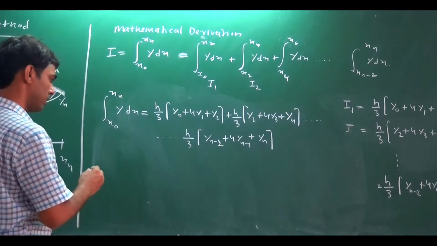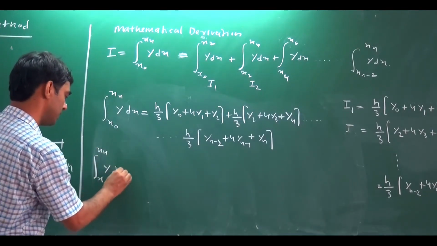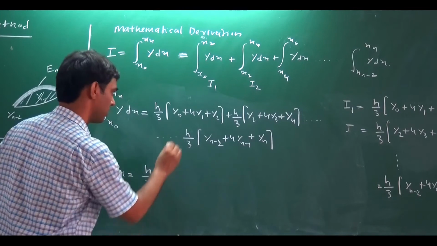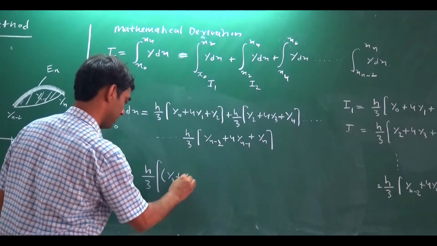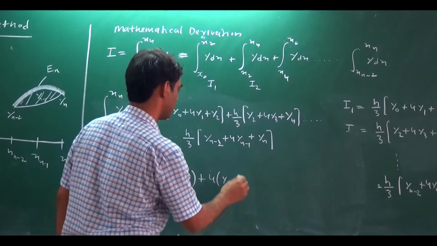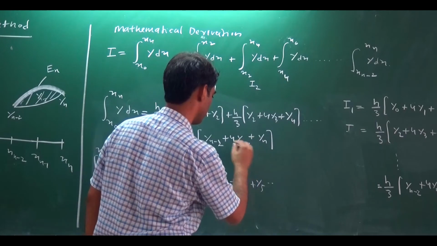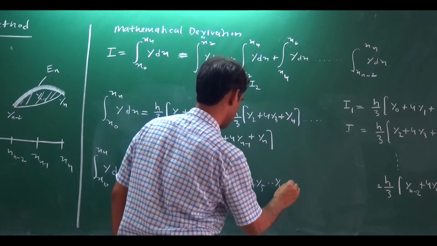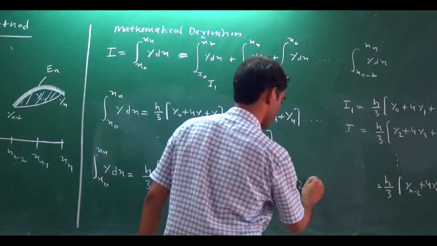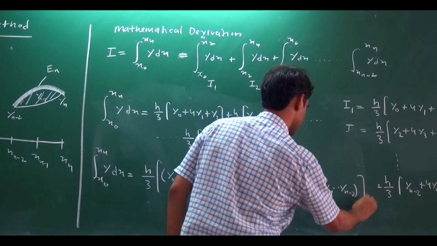So the value of our integration, x0 to xn of y dx, equals h by 3 outside, inside first and last term y0 plus yn, plus 4 times y1 plus y3 plus y5 up to yn minus 1, plus 2 times y2 plus y4 up to yn minus 2.